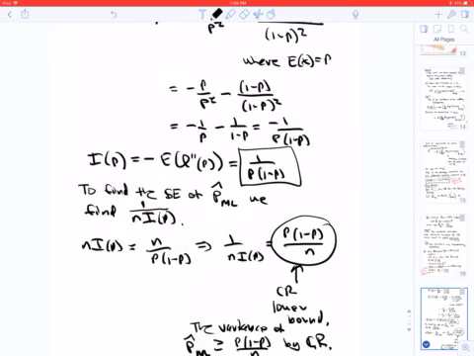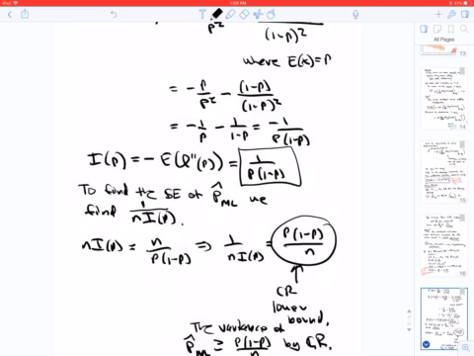And so we can find the standard error for our estimator. Let's find the Cramér-Rao lower bound for that standard error.